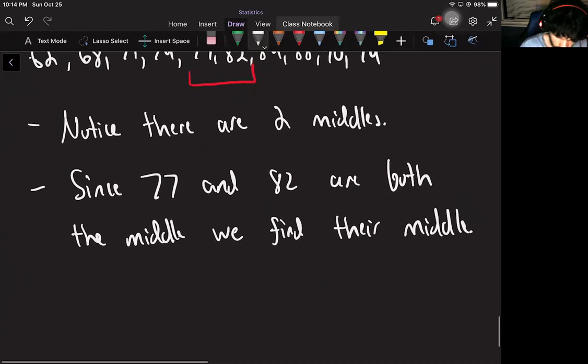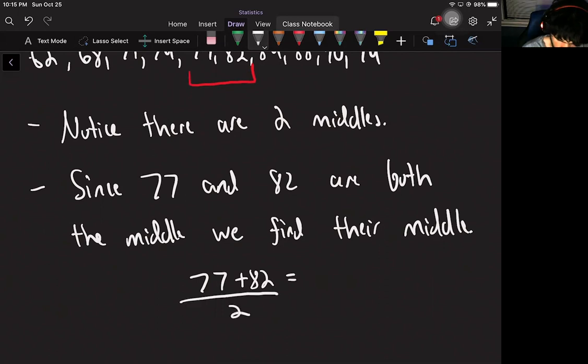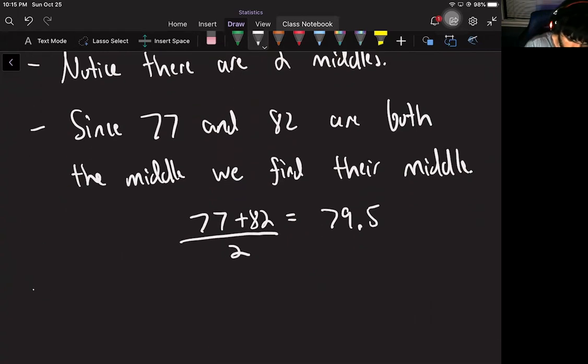Well, the trick is you can just add them up and divide that by 2. And that'll give you the middle of the two numbers. Notice that that's actually the mean of two numbers. It's just a little side fact. So that's going to be the median then. So this is what you do if there's an even number of numbers and there's two middles. You have to go between the two middles. So 79.5 is the median.